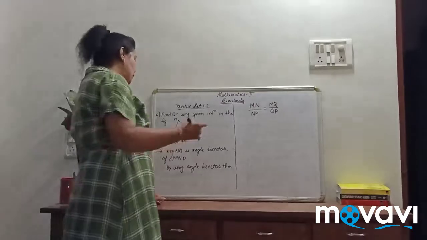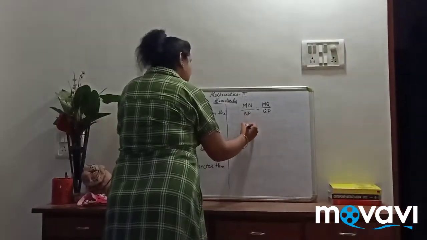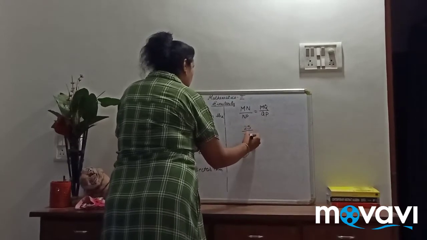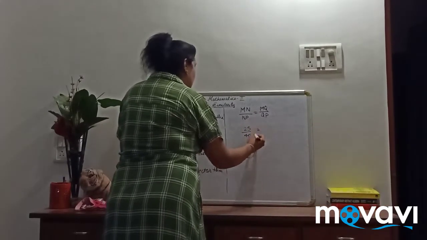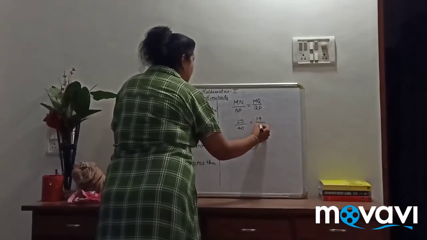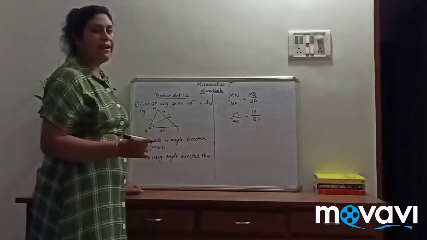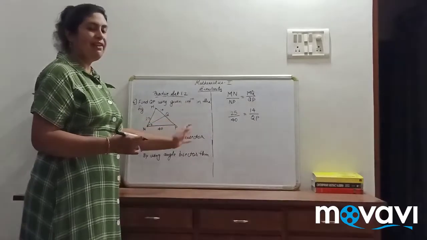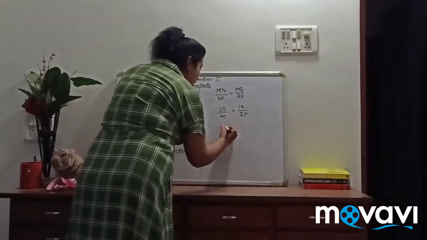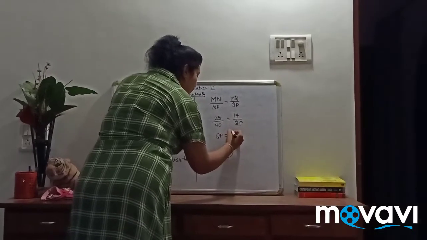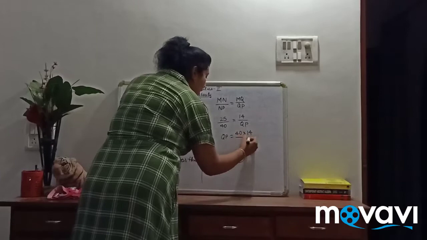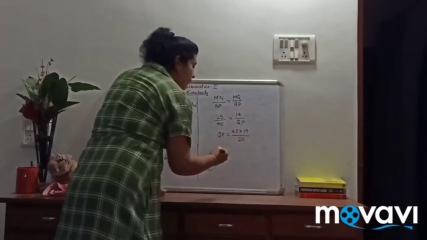So let us substitute the values. MN is 25 upon MP is 40 is equal to MQ is 14 upon QP, which you are supposed to find. So I'll get QP onto my left hand side and all the other numbers onto my right hand side. Therefore, QP will be equal to 40 into 14 upon 25.